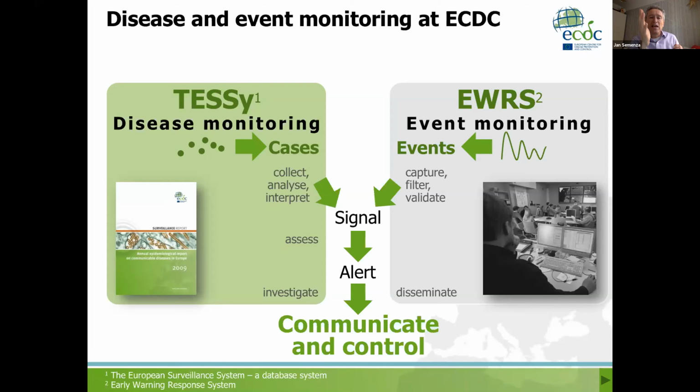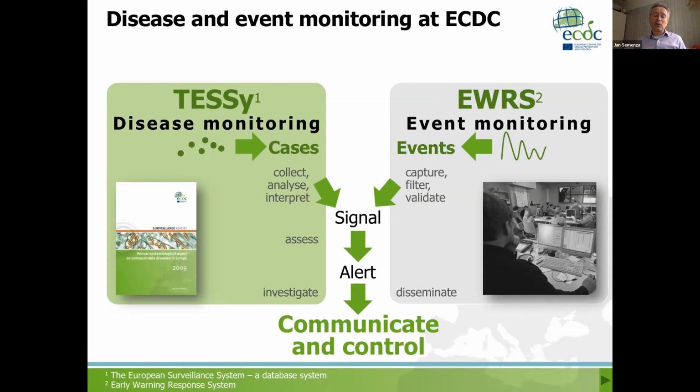We produce this annual epidemiologic surveillance report that we disseminate widely about the state of affairs when it comes to infectious diseases in Europe. However, we also conduct event monitoring at ECDC. And that's a different type of surveillance system where we monitor with Google searches and other types of search engines. We use confidential databases for that matter.